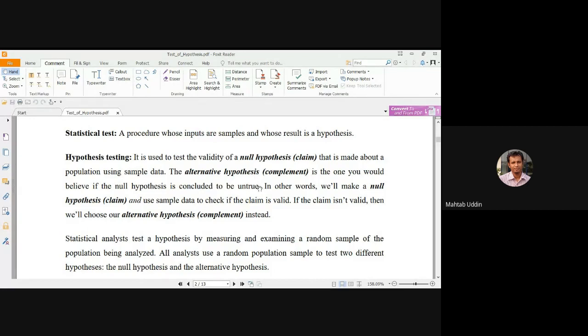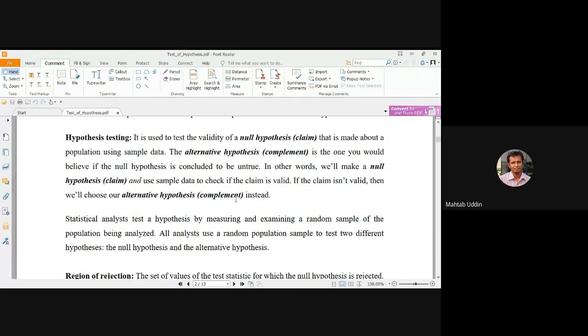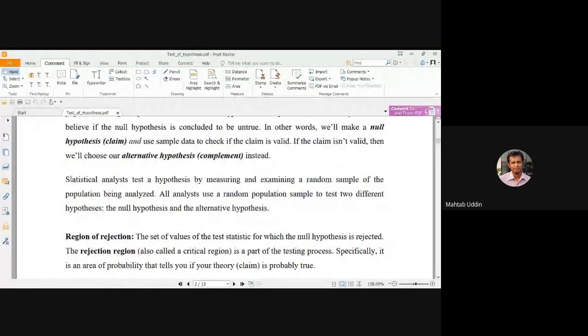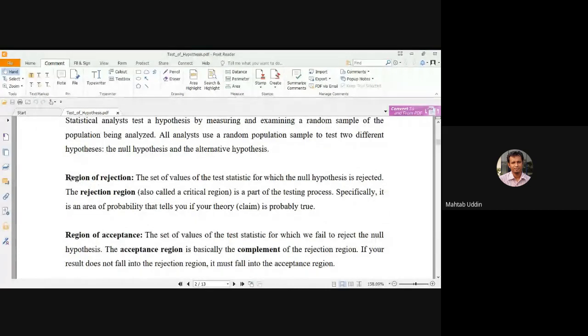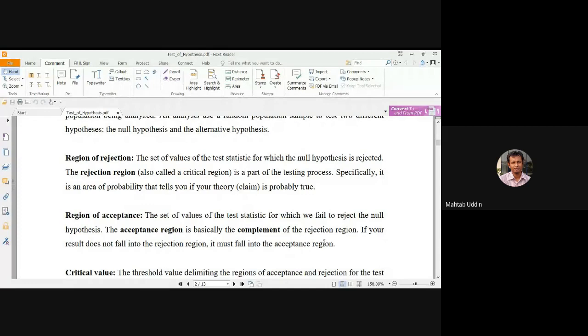If this still holds, then we'll accept the null hypothesis and reject the alternative hypothesis. If the opposite, then the null hypothesis will be rejected and the alternative hypothesis will be accepted. Okay, please read them carefully. আজকে ম্যাথ করাবো না, আজকে শুধু বিষয়গুলো বলছি. Then I have already said the reason of rejection and reason of acceptance.